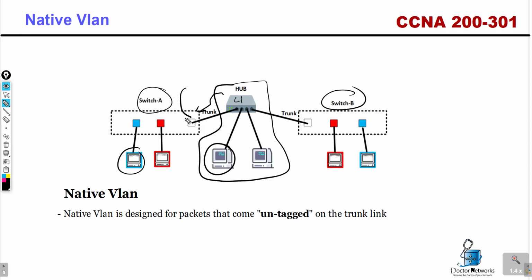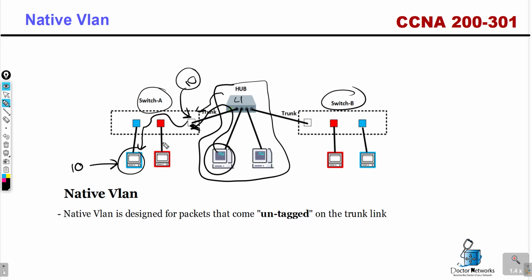Meaning, if I assign a native VLAN ID over here, like 10, which is the VLAN ID of the blue guys, then whenever it sends a broadcast, the broadcast comes into the trunk, and the switch in the back end notes that this frame came in without any tag, and I was expecting a tag, but since it's untagged, I'll just assign it to VLAN 10, and that broadcast just goes towards the blue VLAN or VLAN 10 users.